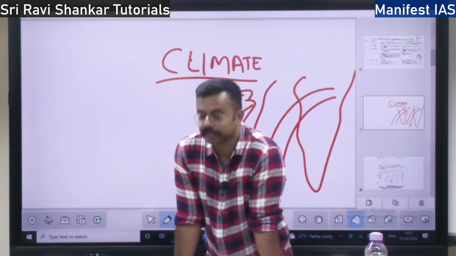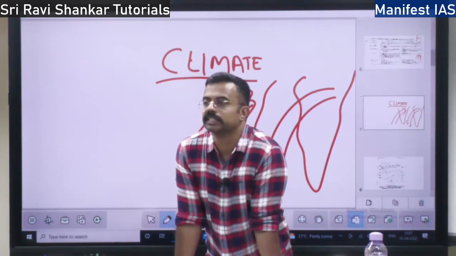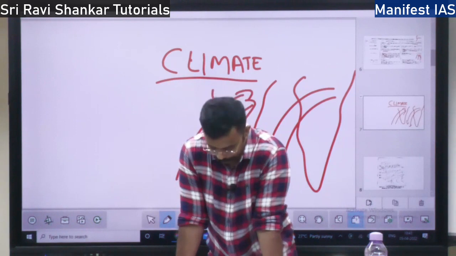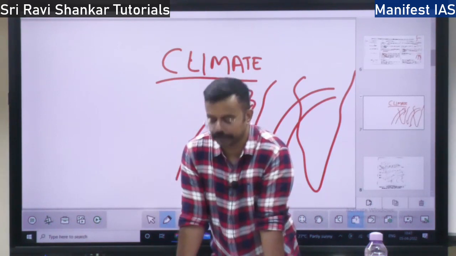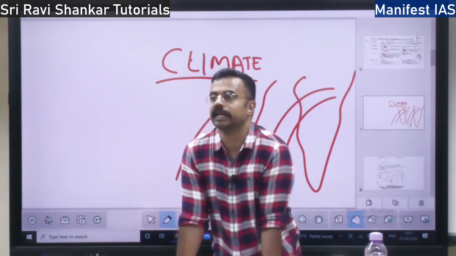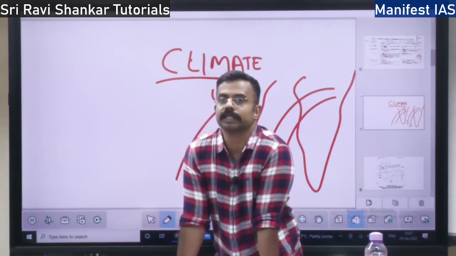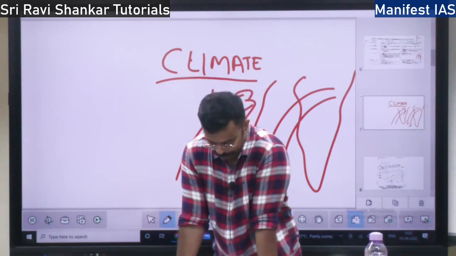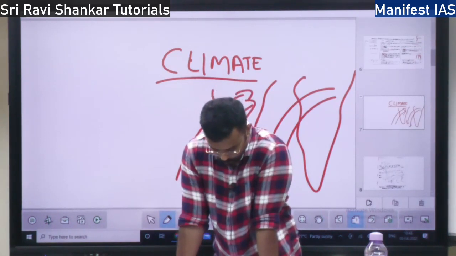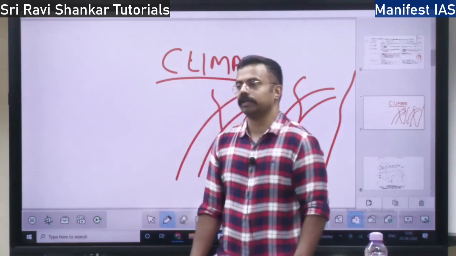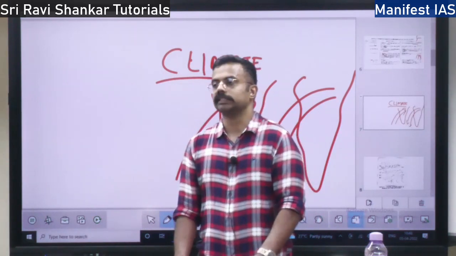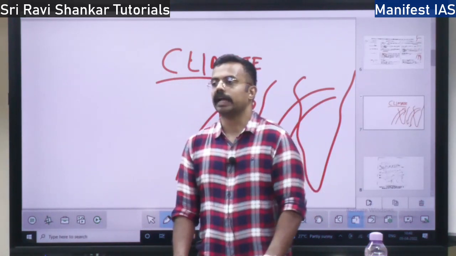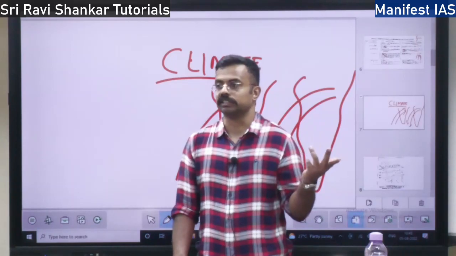There are many subtypes. These regional variations are called subtypes of climate. On what factors do they depend? They depend on temperature and precipitation. For example, with respect to temperature, take Rajasthan, having the highest temperature, 55 degrees Celsius.